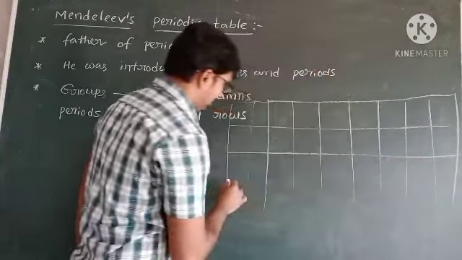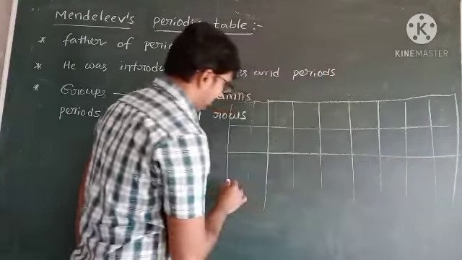In this group, A and B. Again, in this group, A and B. So each group is subdivided into 2 groups, A and B. Groups and periods: how many groups? 9 groups. How many periods? 7 periods. Each group is subdivided into A and B.